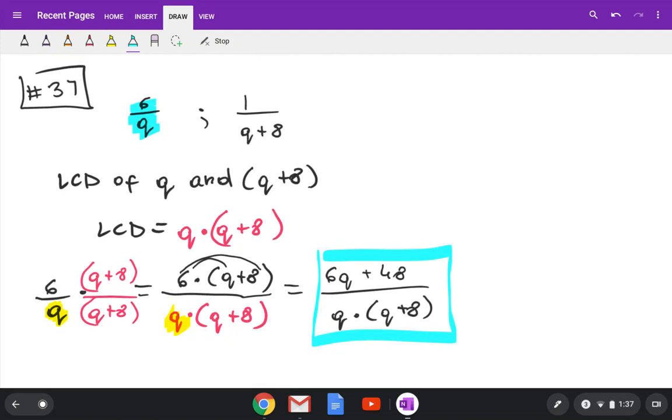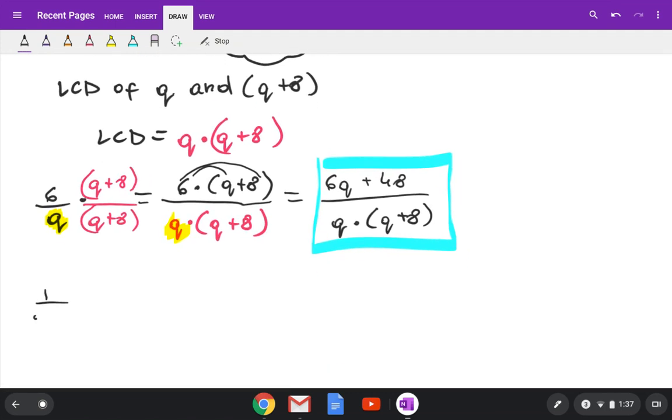Now I'm taking the second fraction, 1 over q plus 8, and building an equivalent fraction with the denominator equal to the LCD, which is q times q plus 8. My original fraction has q plus 8, so I multiply top and bottom by the missing factor, which is q.